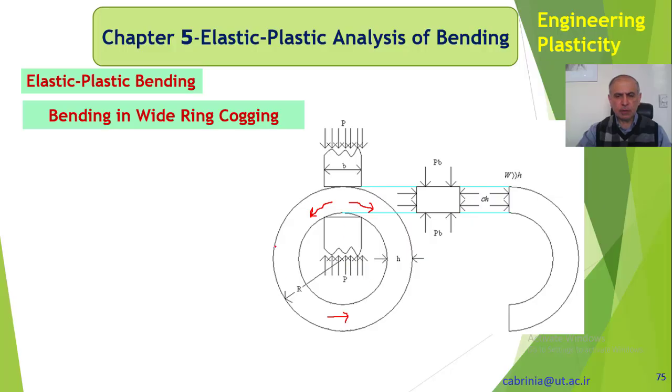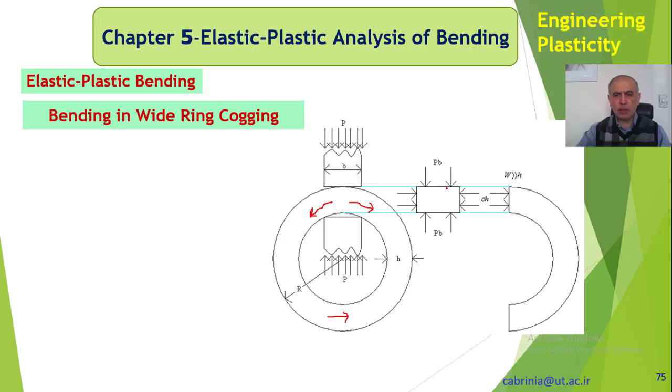The radius of the ring at this stage is R, and the thickness of the ring is H, and here we can see the cross section of the ring, which is rectangular.